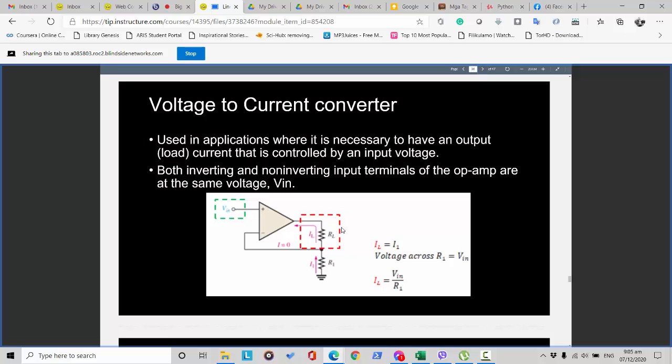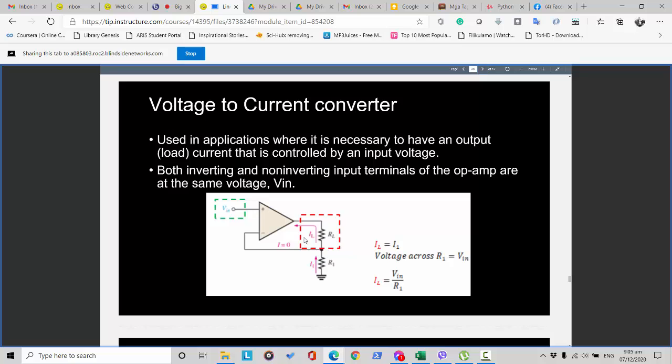Okay, so the formula for that: the current here is equal to the current in the resistance, no? So therefore the voltage across R1 is equal to the input voltage.